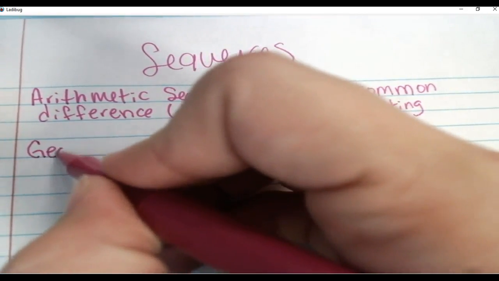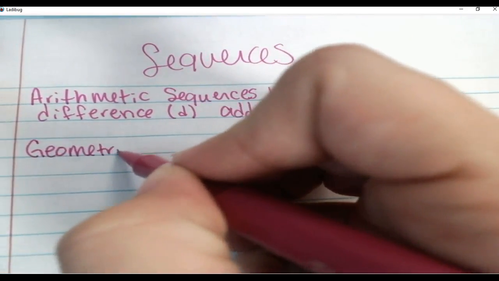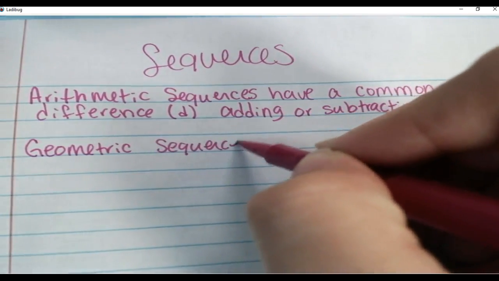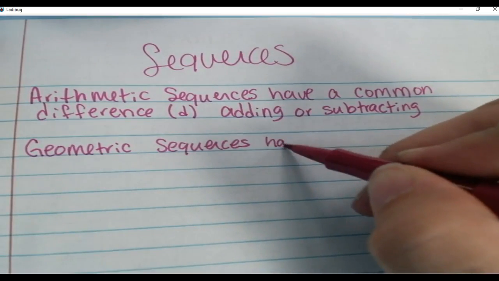And then our other one is a geometric. So geometric sequences have a common ratio.